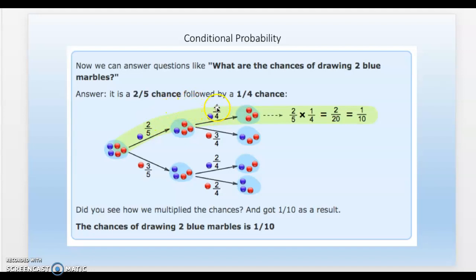The probability that the second one is blue, given that the first one was blue. And you take those two probabilities and multiply them together, because remember, we're saying that they both happen, and. So we multiply them together.